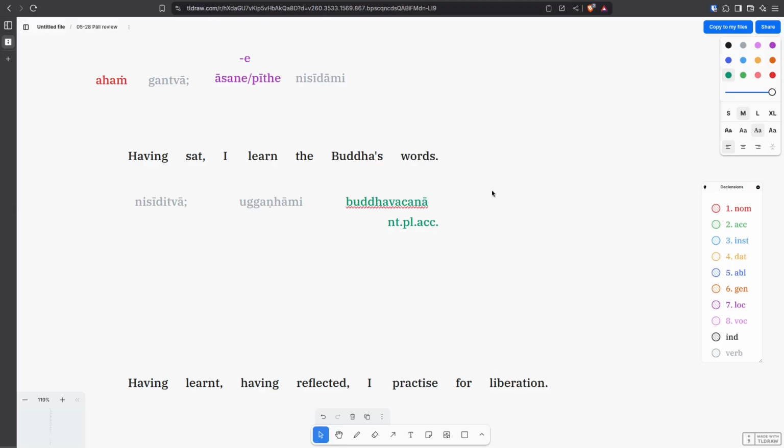Vacanāni. Okay, Buddhavacanāni, the neuter plural accusative. But otherwise, very good. More like this order actually: Buddhavacanāni uggaṇhāmi. The verb, the action, at the end.